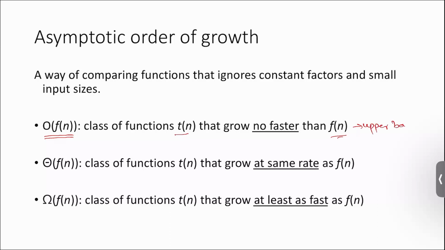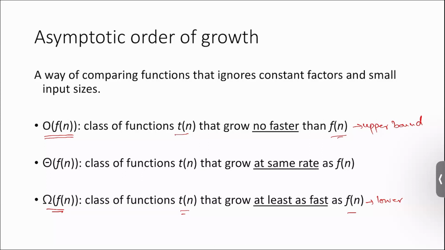The upper bound is the worst case, the maximum; it can grow no more than this. The omega of f of n is the class of functions for which t of n grows at least as f of n. This is the lower bound: it has to take at least this minimum time.